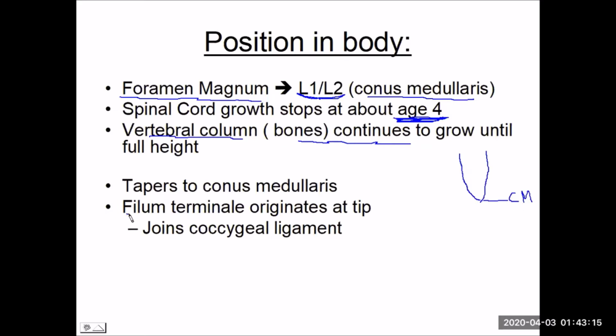But now descending down from that conus medullaris is this ligament structure called a filum terminale. And this filum terminale, it descends from the conus medullaris, and it ultimately connects down to the sacrum. So all the way down to the sacral vertebrae. And then ultimately, inferior to that, there's this ligament that connects onto the tailbone.